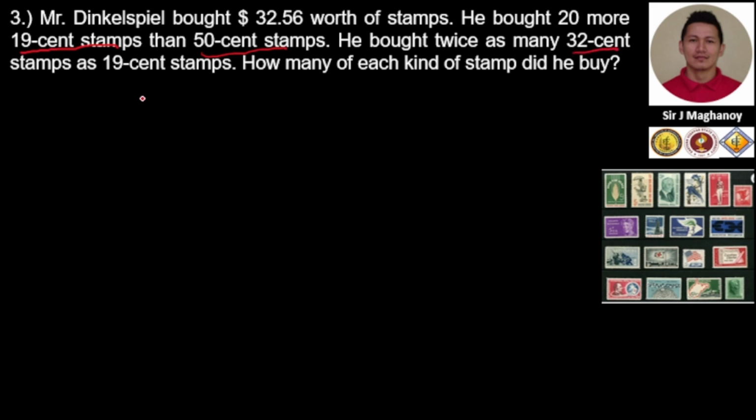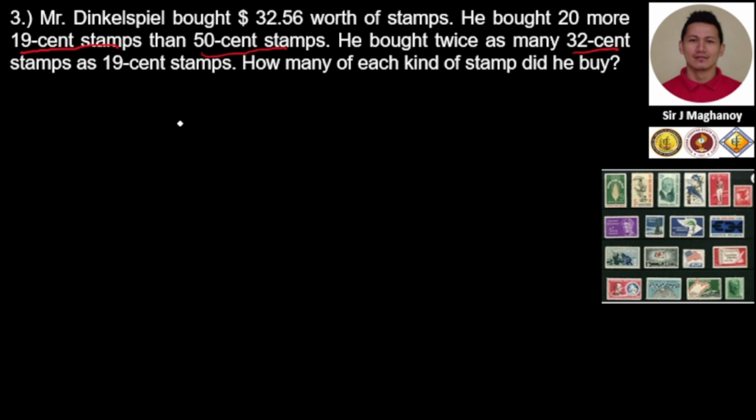Okay, let's start. We need to formulate our variables based on the statement. Sir, I thought this is a coin problem. Yes, the stamp problem is somehow related to coin problems because it has a cost like a penny.